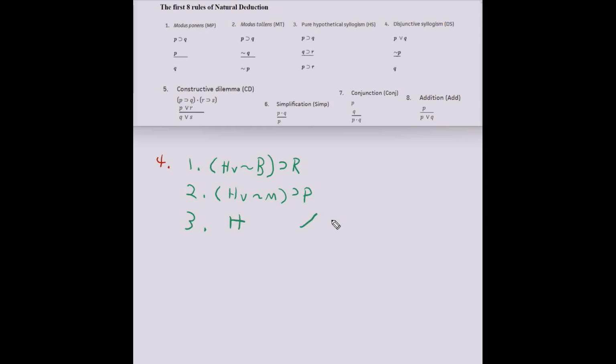The conclusion I want to get is both R and P.